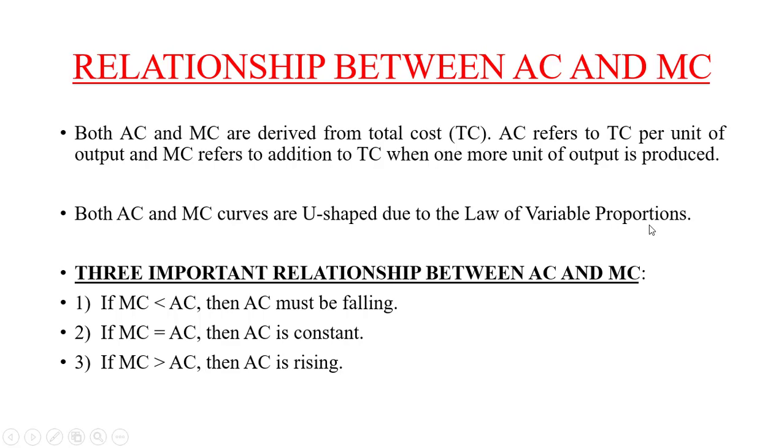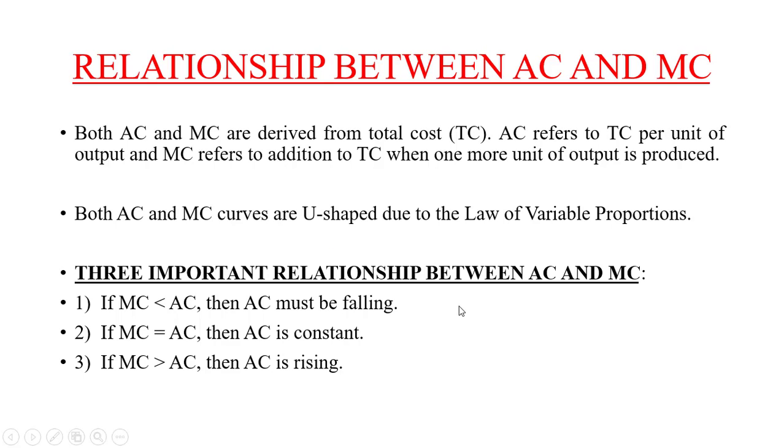Now what is the law of variable proportion? The law of variable proportion is when you are changing the inputs to produce a particular output. Okay, you have to remember that the shape of the AC curve, that is the average cost curve, and the marginal cost curve is always U-shaped.